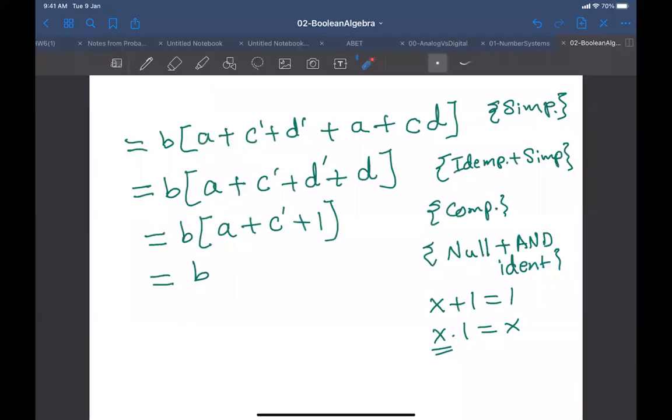Notice that maybe my method here is different from the method that the other section has, as well as my notes. So you have 3 different methods now to compare and to pick from. And this is a feature of Boolean algebra. There is no unique way of simplifying functions.